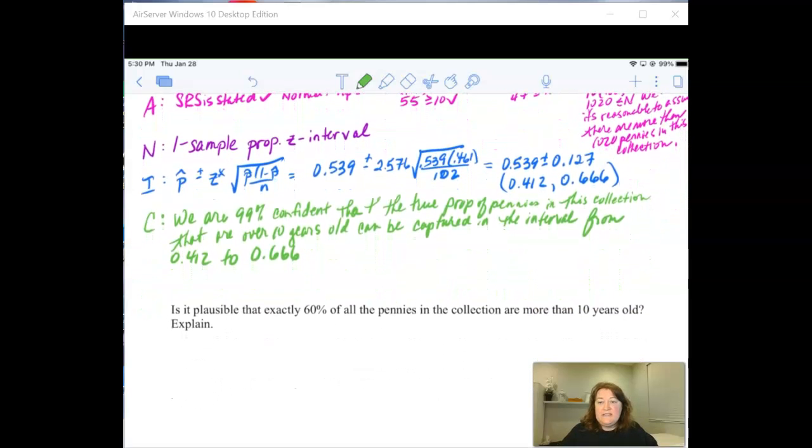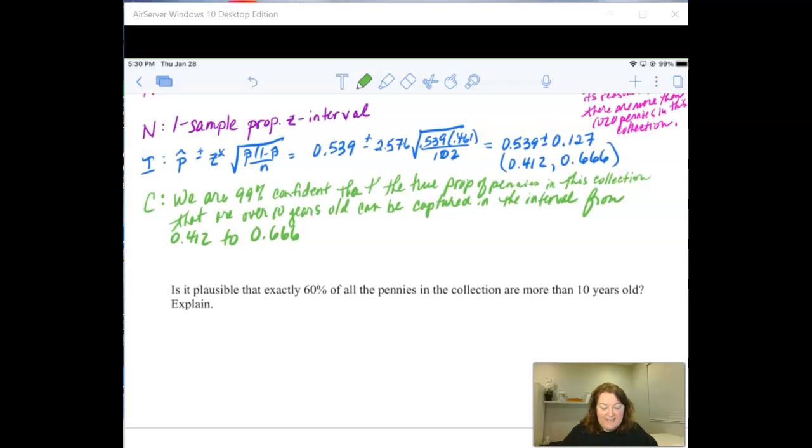All right, and then it says, is it plausible that exactly 60% of all pennies in this collection are more than 10 years old? So they're saying, if you found out that the true proportion is 60, would you be surprised? Is that possible? So we would say, sure, it's possible because our interval included 60%.